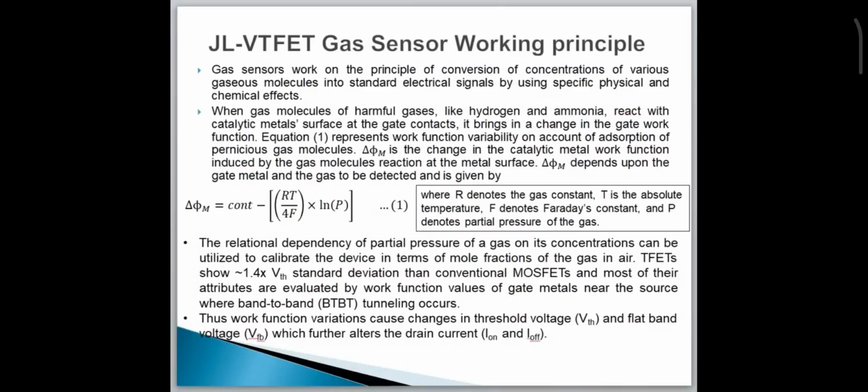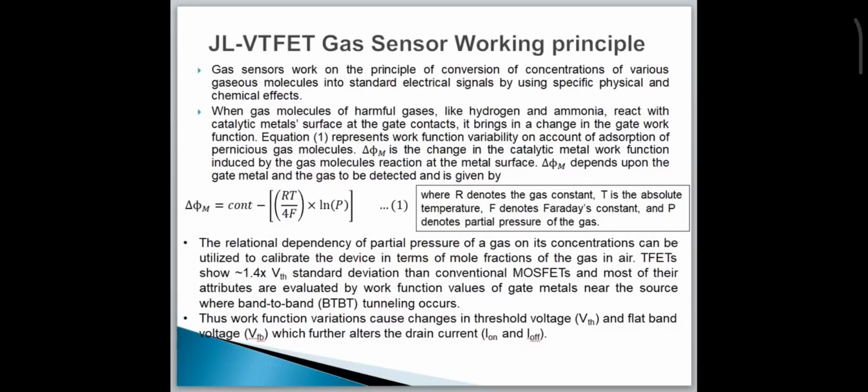Next is the junctionless vertical tunnel field effect transistor GaN sensor working principle. GaN sensors work on the principle of conversion of concentrations of various gaseous molecules into a standard electrical signal by using specific physical and chemical effects.